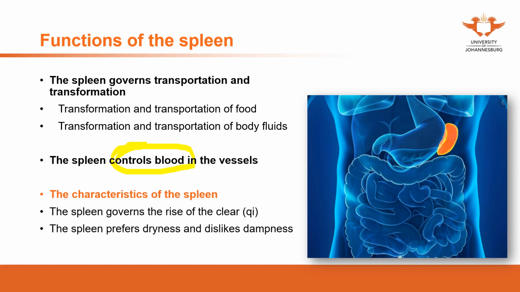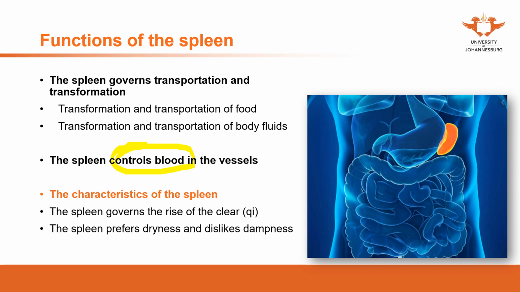In this situation, during the treatments, we will tonify the spleen. We are going to focus on the spleen. Because this kind of bleeding is more likely to be spleen deficiency. The spleen deficiency will result in losing the controlling function of the blood in the vessel, which can present as bleeding.